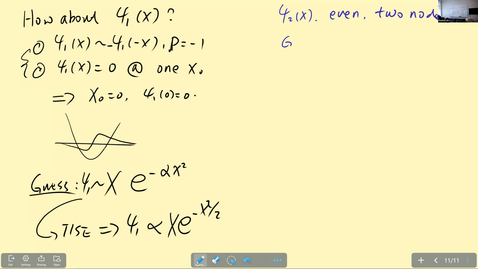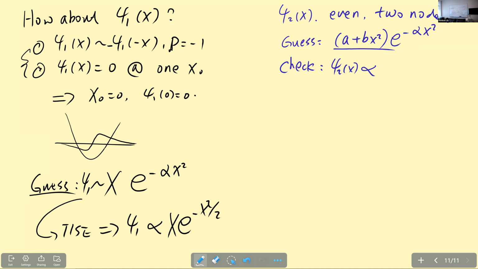So we guess it should be a plus b x squared, and you must have something like this because the solution must be symmetrical, right? And this one should be e to the minus alpha x squared. And check. The result is ψ2(x) proportional to.